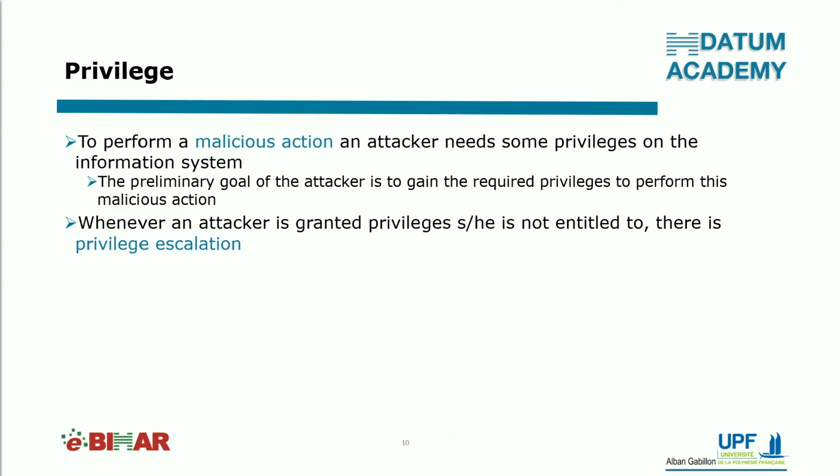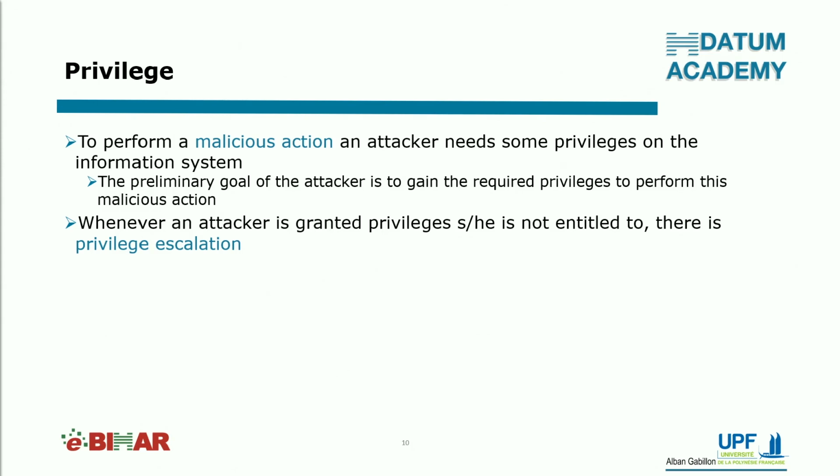When an attacker is planning a malicious action, he will try to obtain some privileges on the targeted system. Without privileges, he can't do anything. Whenever an attacker is granted privileges he is not entitled to, there is what is called a privilege escalation.